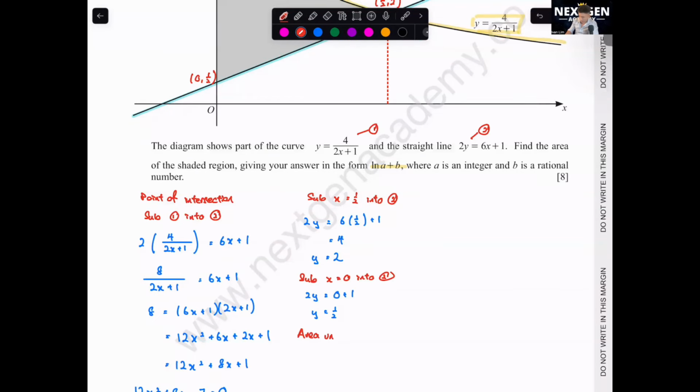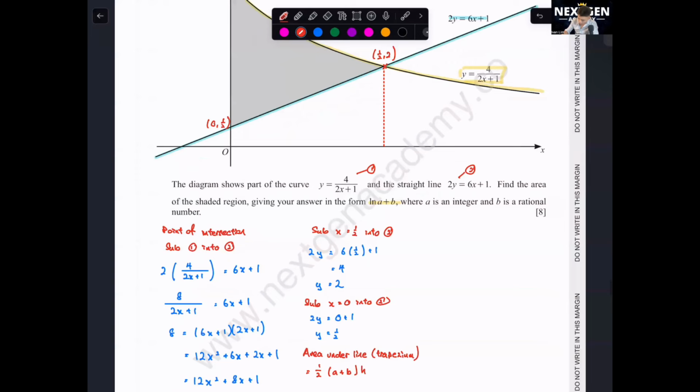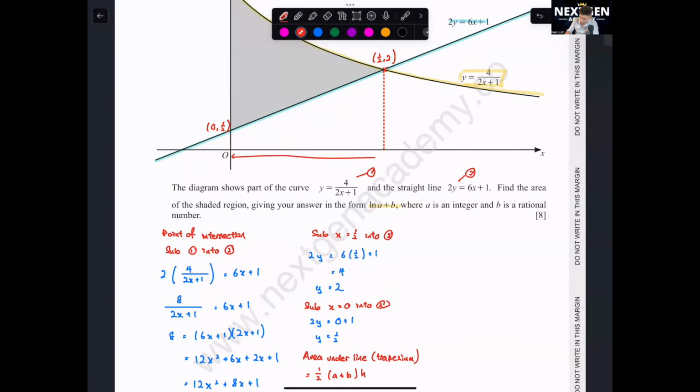We can say a trapezium formula. So we use 1 over 2 a plus b times height. This part is your height, which is equals to 1 over 2. Then your a and b will be here, 1 over 2 and 2.